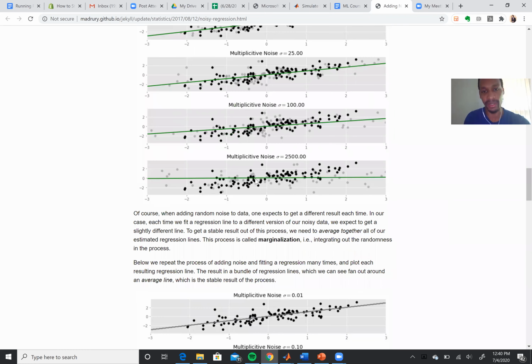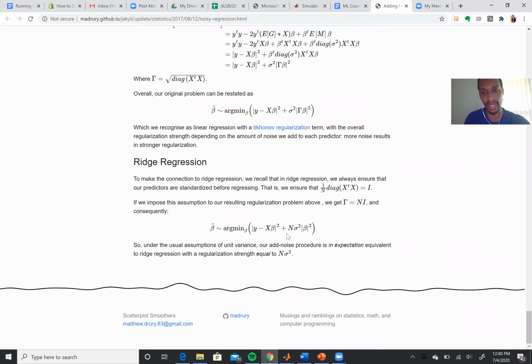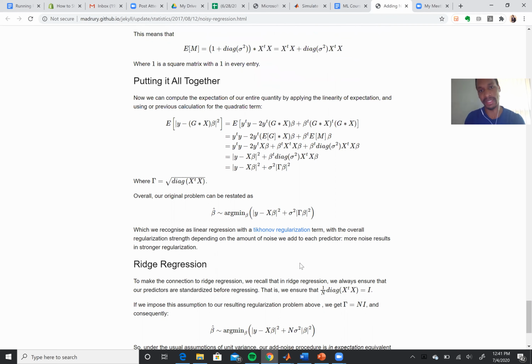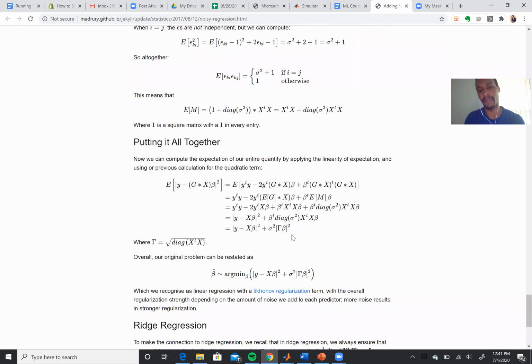But I think the whole idea he comes back to is that both that method he was using, and just setting n times the variance squared equal to lambda, is the same thing.